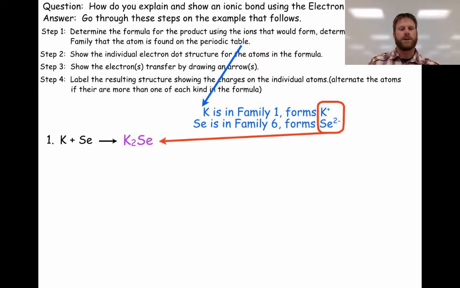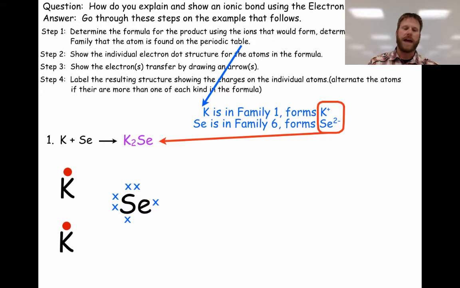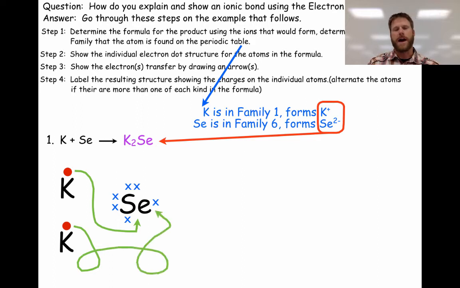So we need to represent 2 potassiums, each with 1 electron as its electron dot structure, and then selenium with 6 electrons around it. And once again, it should be easy to see what's going to happen. Selenium needs 2 electrons, and each potassium has 1 electron to give. So the electrons will be transferred from the potassium atoms to the selenium atom to form our ionic compound.